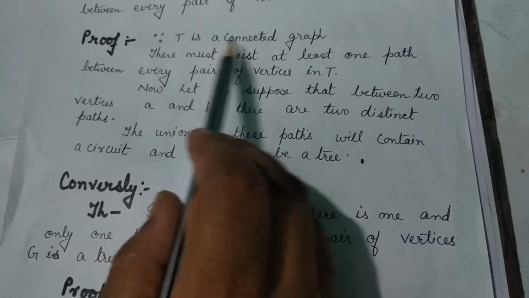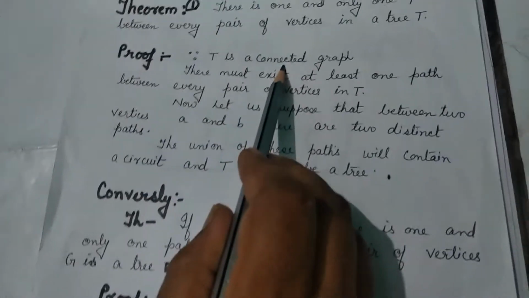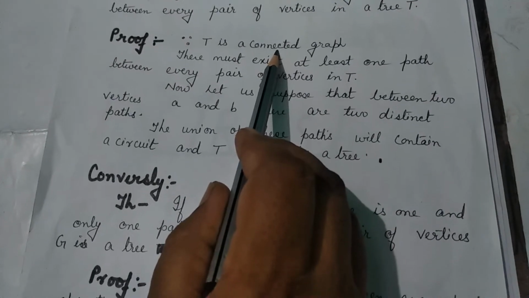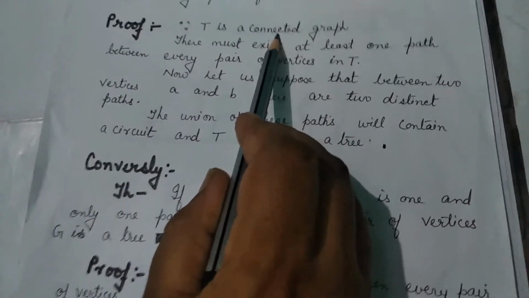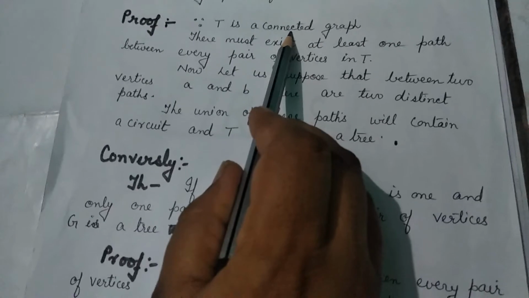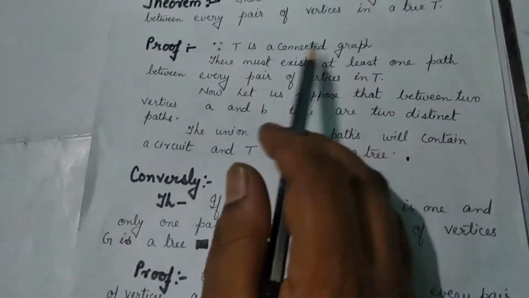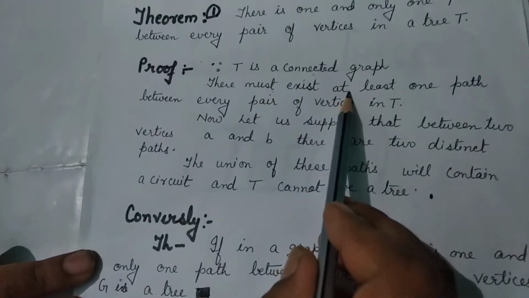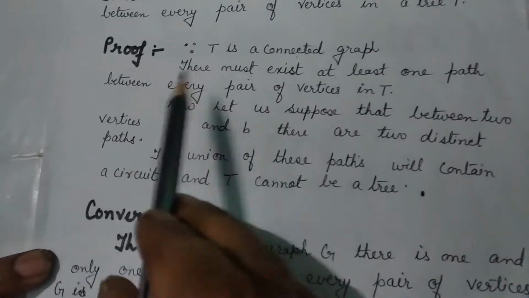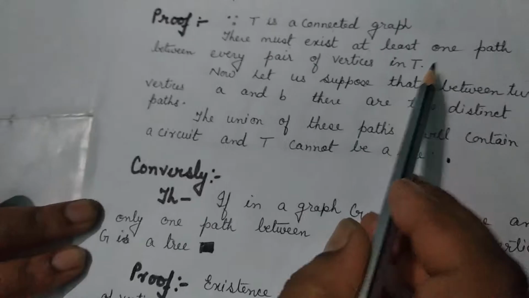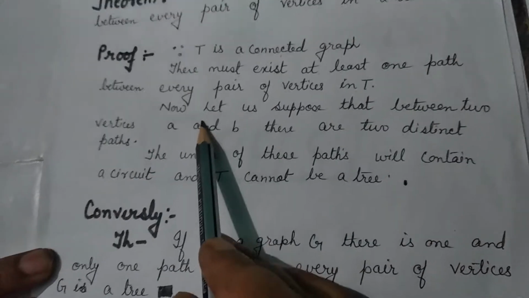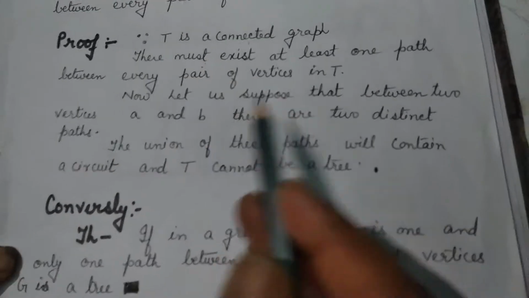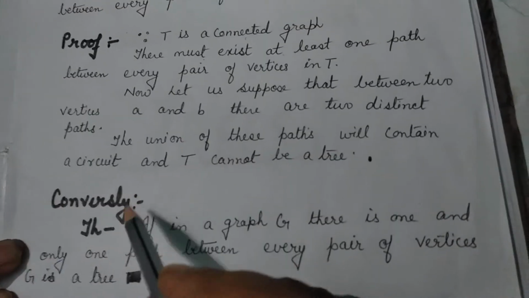Now since T is a connected graph, what is connected graph? A graph G is said to be connected if there is at least one path between every pair of vertices in G. So if T is a connected graph, there must exist at least one path between every pair of vertices. Now let us suppose that between two vertices of any graph there are two distinct paths.